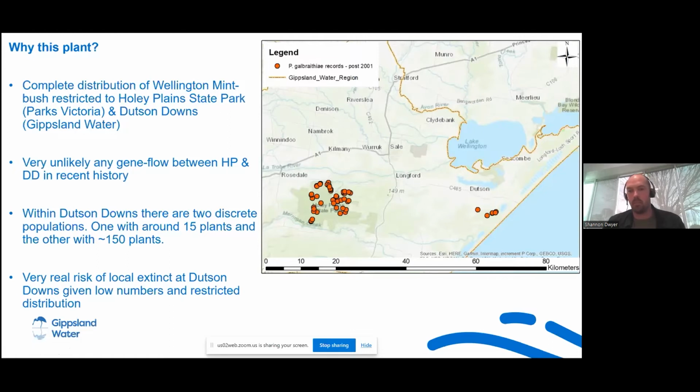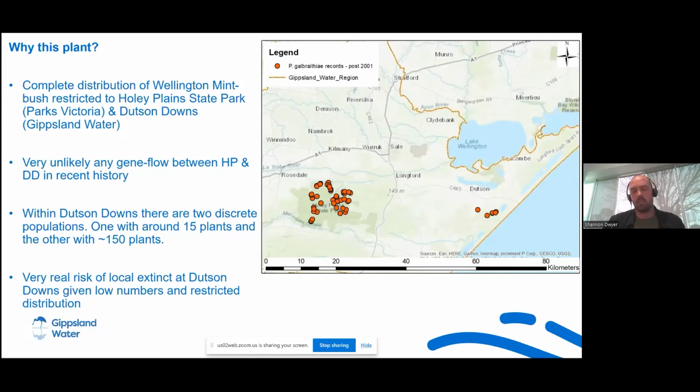They're just bee pollinated as far as we know. So there's really no movement of genes there over any sort of recent history, perhaps the last 100 years. Quite a bit of land clearing in between the two populations, a lot of plantation, that sort of thing. So there's not really any connectivity or other known plants in between to create that gene flow.